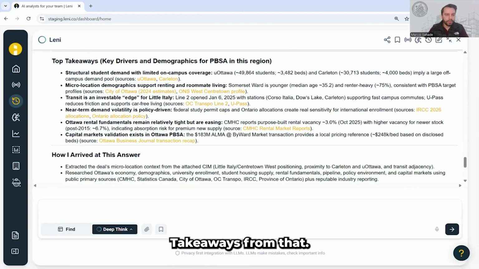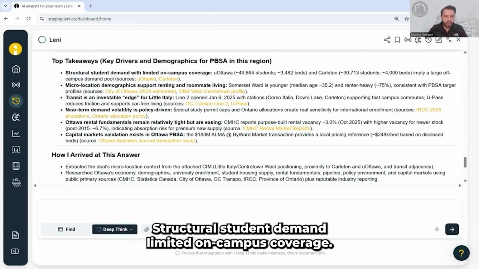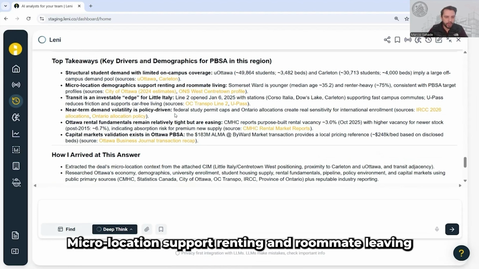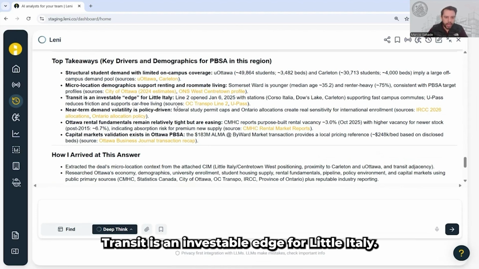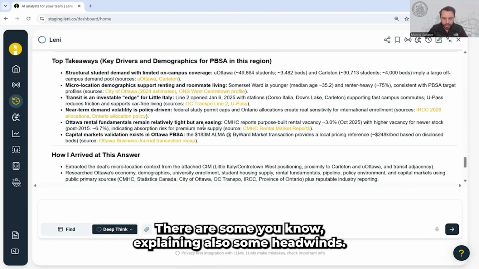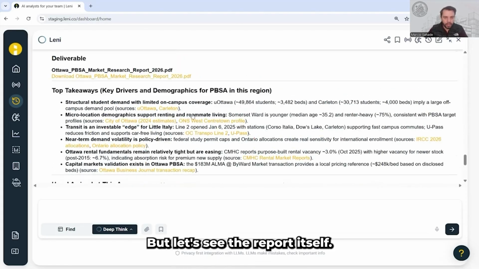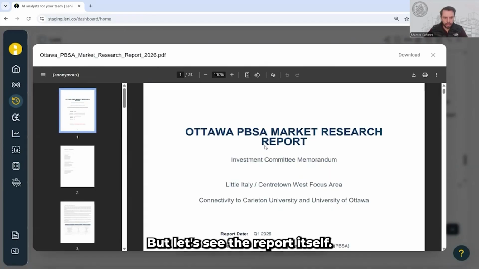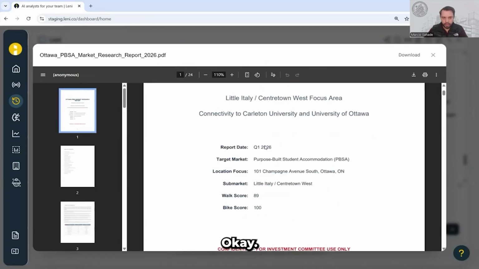Takeaways from that: structured student demand, limited on-campus coverage, that's fair, I remember that, micro location supports renting and roommate living, transit is an investable edge for Little Italy, okay, near-term demand volatility, Ottawa rental fundamentals are tight, capital markets. Okay, it also explains some headwinds, but let's see the report itself. Okay. It's a 24-page report.